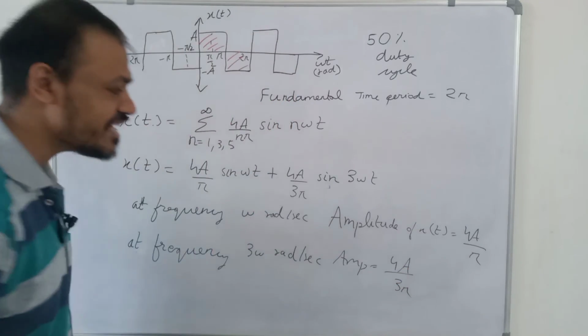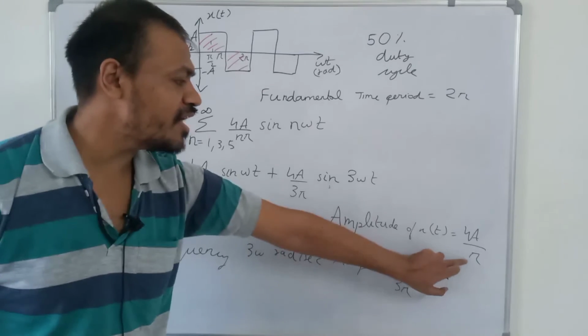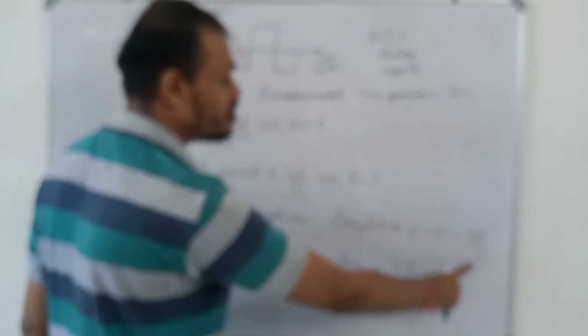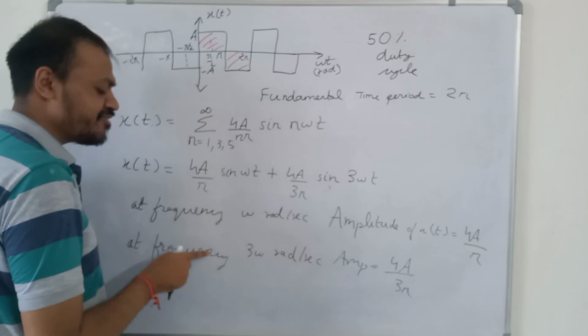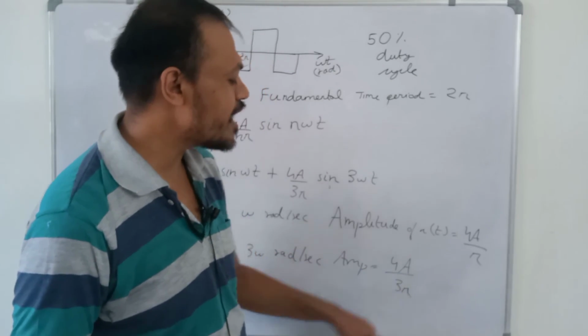So amplitude will keep on decreasing as we increase the frequency, because at omega radian per second the amplitude is 4a upon pi, where a is the maximum amplitude of x of t. And at frequency 3 omega radian per second, amplitude of x of t will be equal to 4a upon 3 pi.